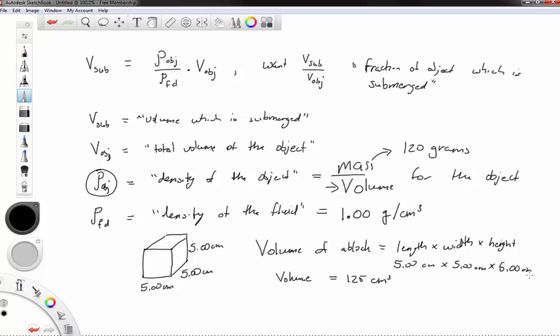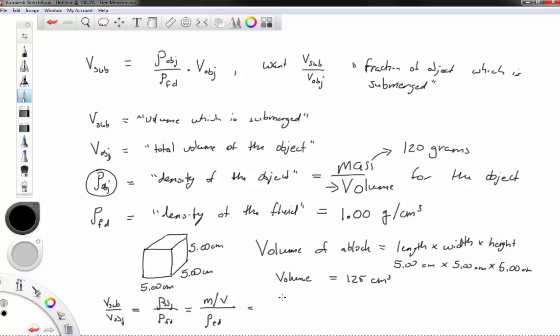Alright, so if we put all this together, what we end up with is this. V submerged over V object is equal to rho object over rho fluid. So that's going to be mass over volume for the object. I'm going to abbreviate it as an M for mass and a V for volume, divided by the density of the fluid.